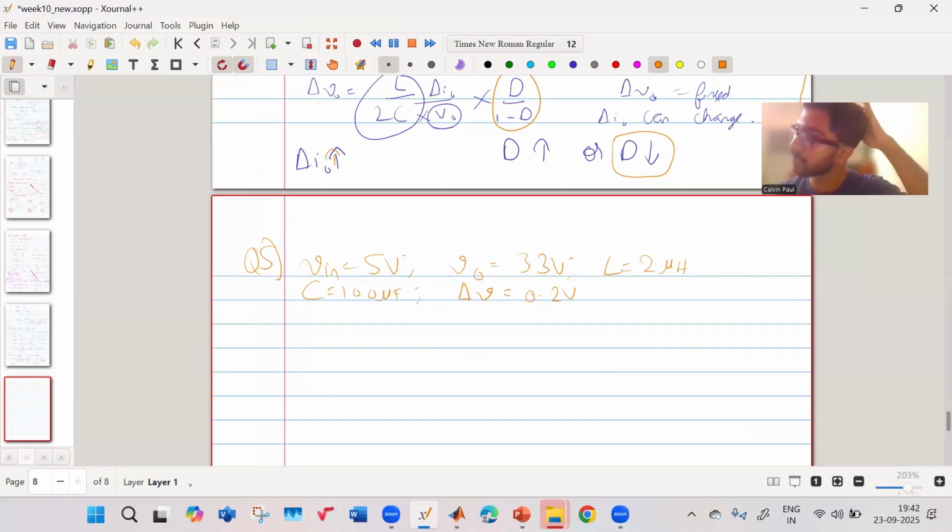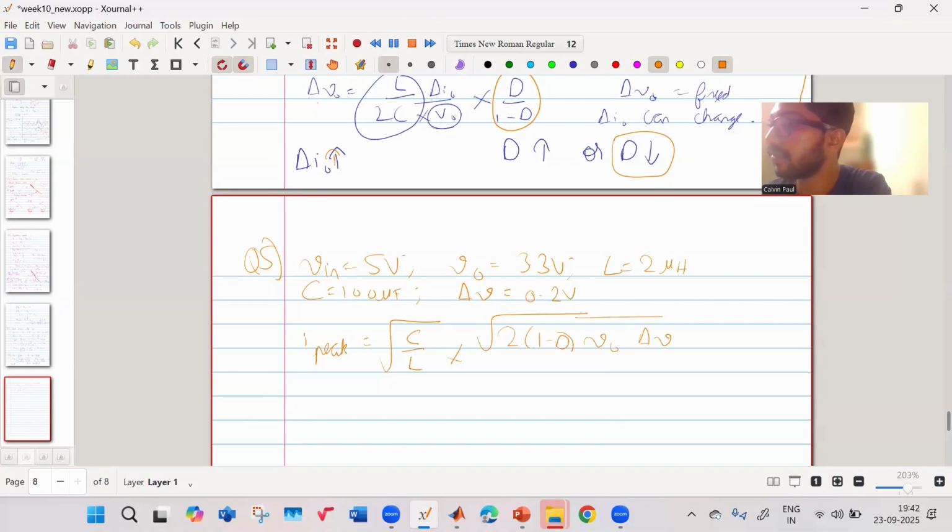So now what you will be doing is, your peak current is going to be this formula: root C by L into square root of 2 into (1 minus D) V0 into delta V ref. Okay, delta V ref.